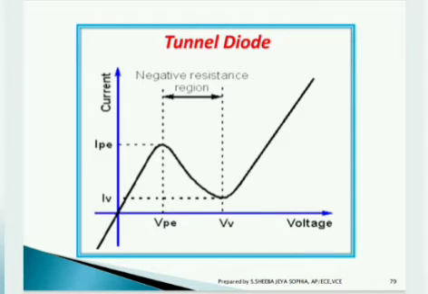Reaching the peak and dropping to the valley, that portion is said to be the negative resistance region, which is clearly marked in this diagram.